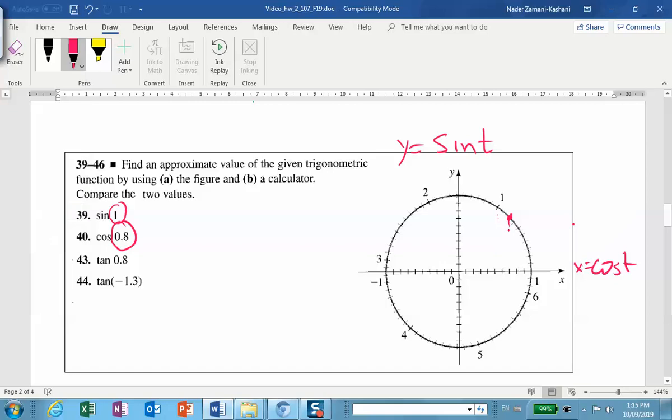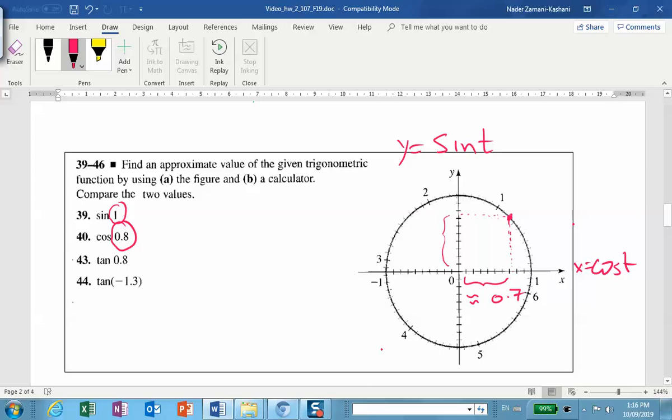This is going to be your cosine, approximately 0.7. And of course, we're not asked to, but if you wanted to, this is going to be approximately the sine of 0.8. I'm not going to worry about that because we're asked to find the cosine.